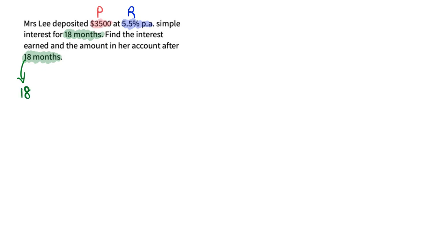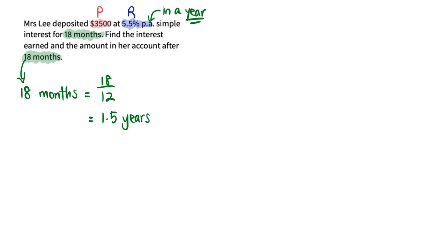So 18 months will be equal to 18 divided by 12, which is equal to 1.5 years, because the interest rate is given per annum, meaning in a year. Therefore we need to convert to years, and once we are done with that, we can now find the interest first. That's what they want.